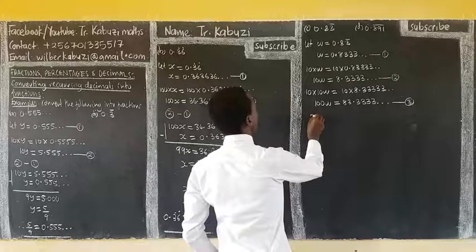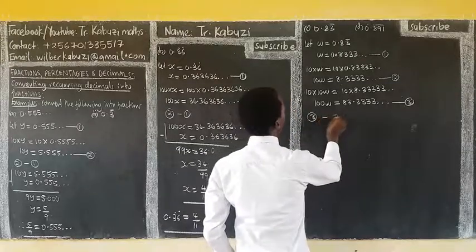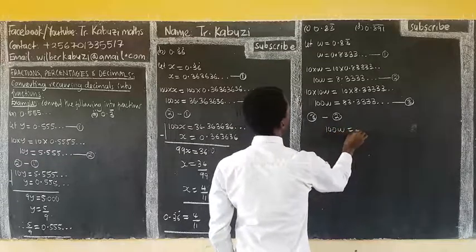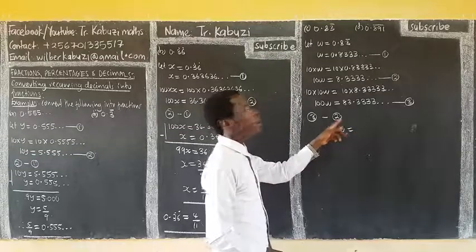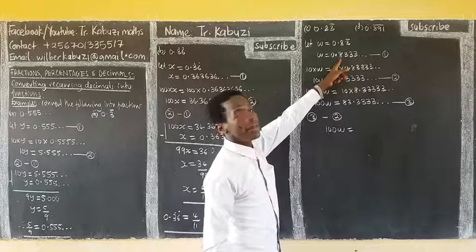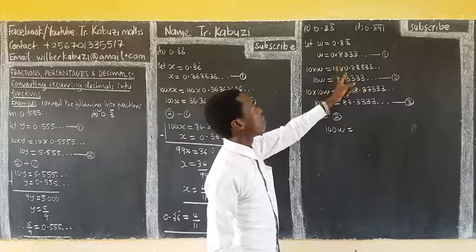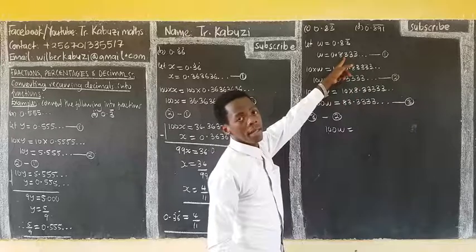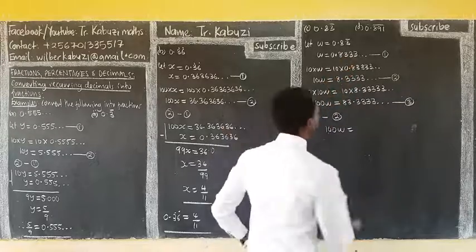So now you say equation 3 minus equation 2. So you have 100W. Here I'm using equation 1 because our task was to use equation 1 to shift this decimal point to a number which is repeating.